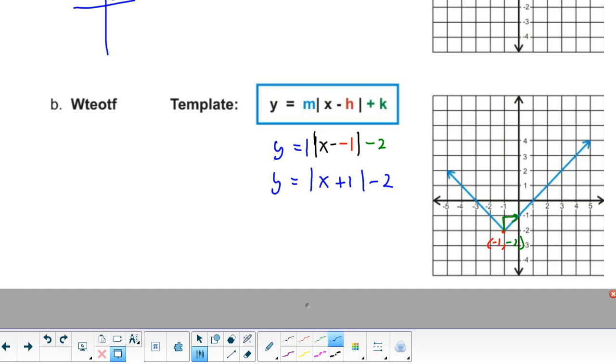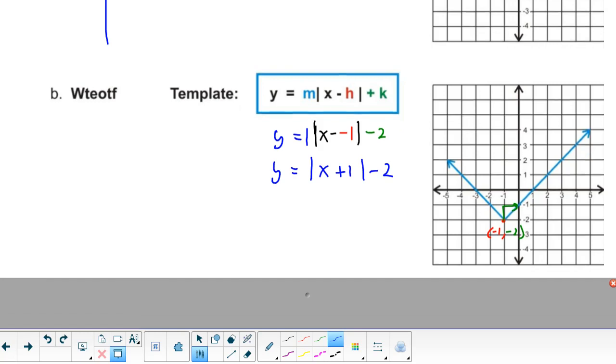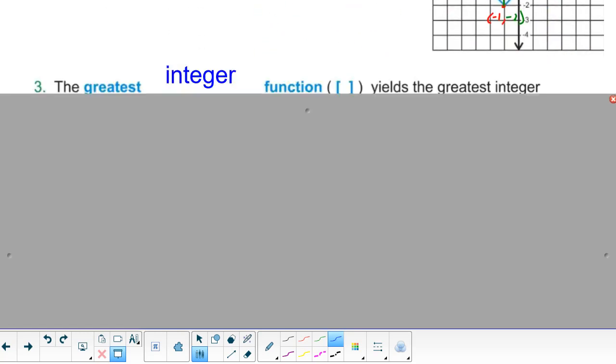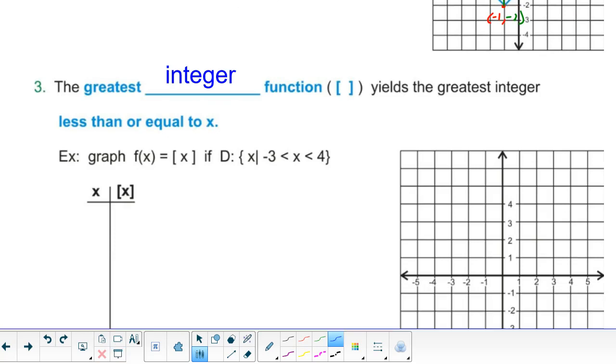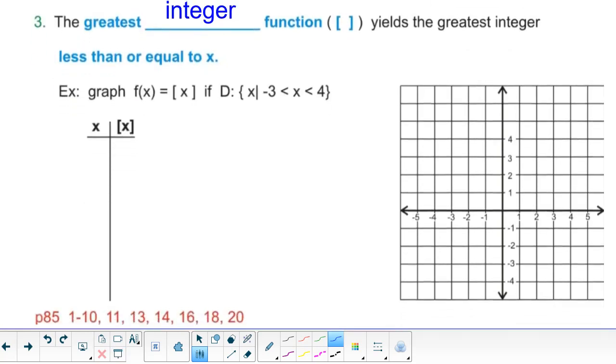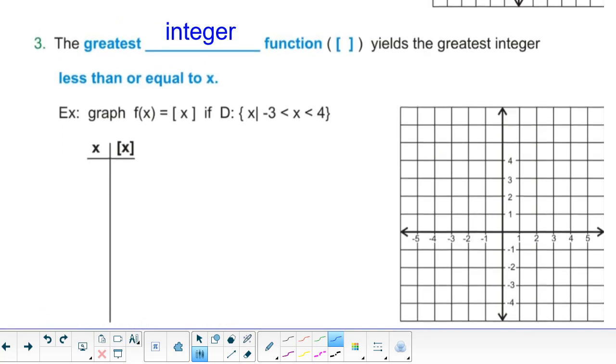Make sense? I hope so. Everything comes out of the vertex, h and k, and you're following the template, and we're able to write the equation. What else do we have here in line? The greatest integer function. Students can tend to struggle a little bit with this. Notice the bracketing; that's what tells you it's the greatest integer function.